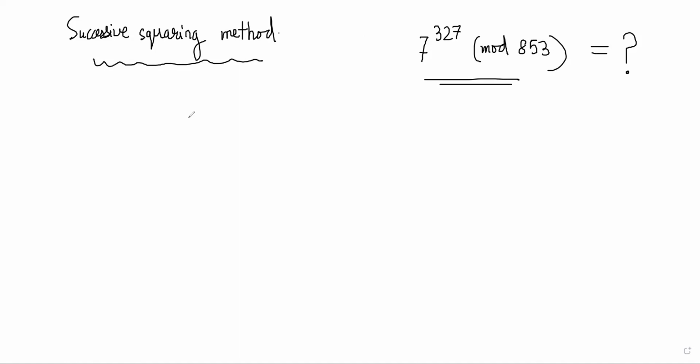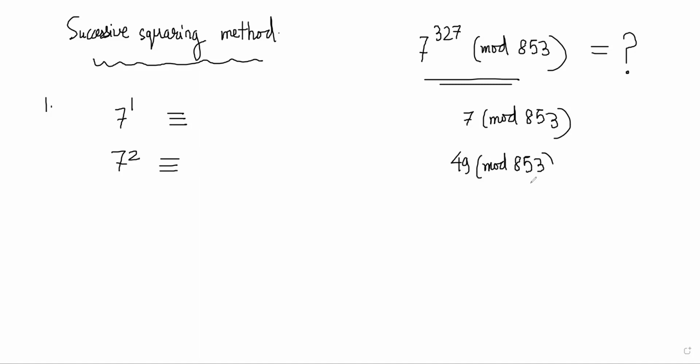Now, how do we do it? The first step is to create a table modulo 853 of all the powers of 7 in a successive squaring method. So I will just show you the table. 7^1 is congruent to obviously 7 mod 853. 7^2 is congruent to 49 mod 853.